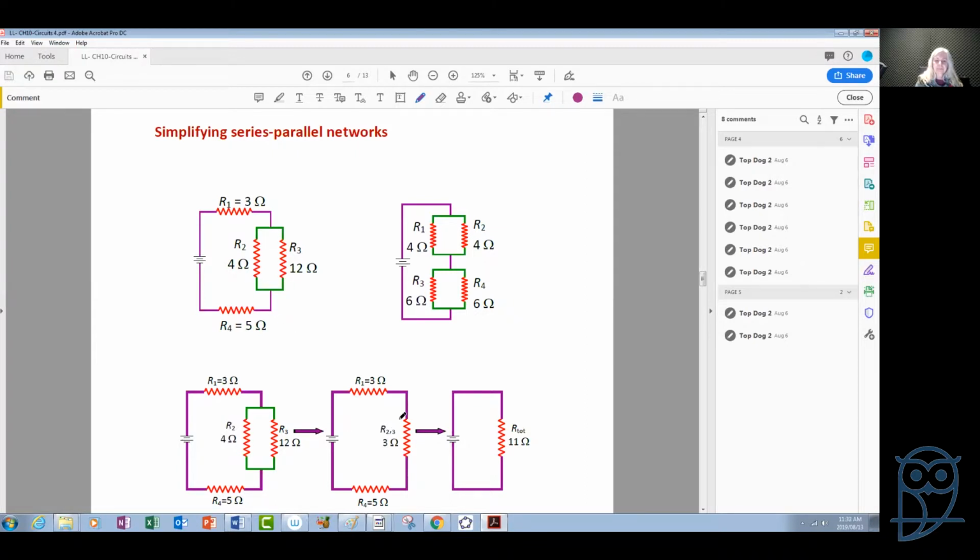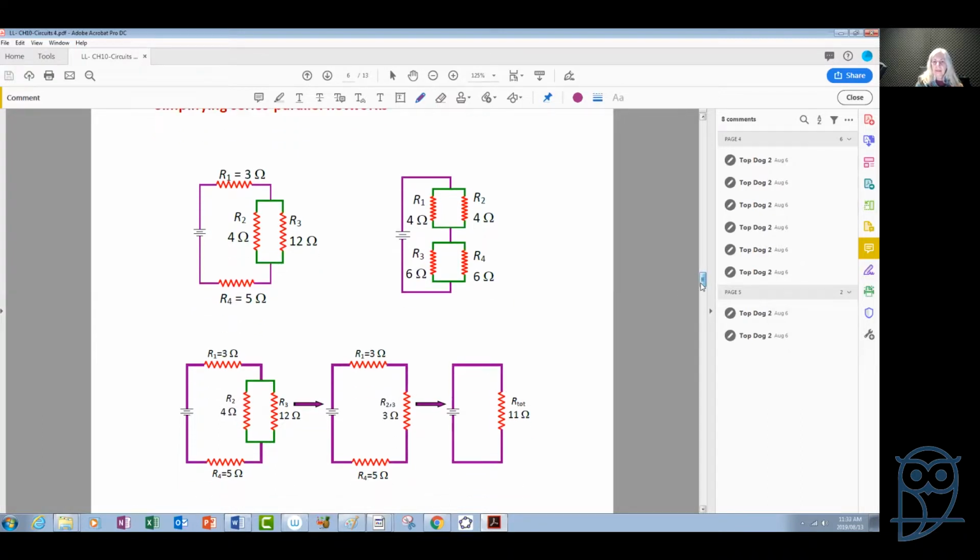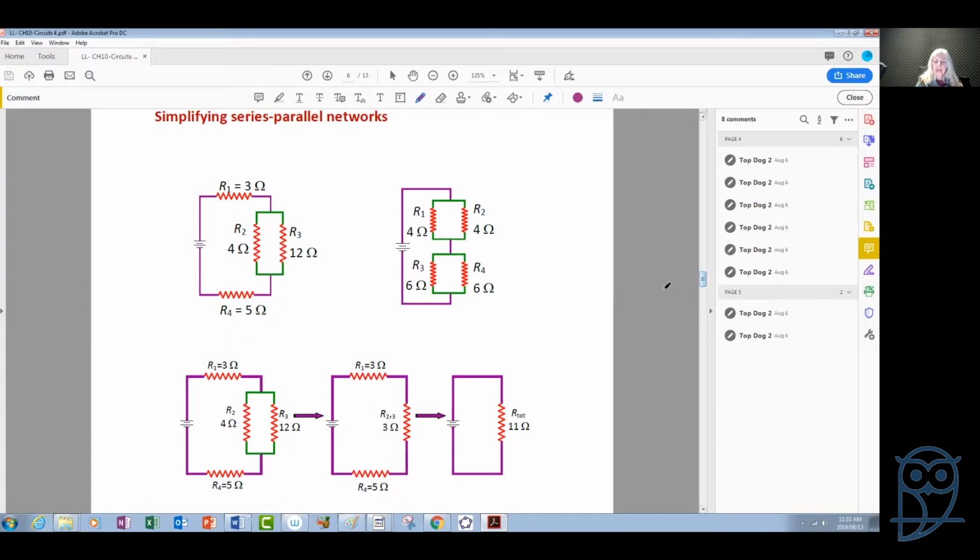And here at the bottom, I have a series of different circuits. Each of these is a more simplified version of the previous one. So the first circuit here is actually the given circuit, the one on the left. The first thing to do is to get rid of this parallel connection.